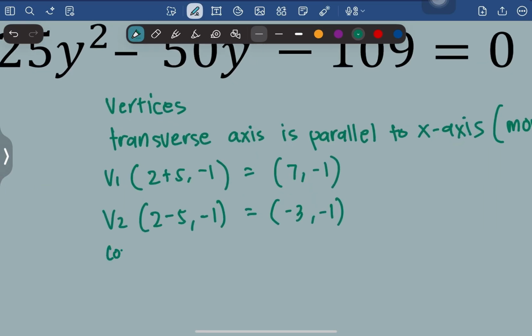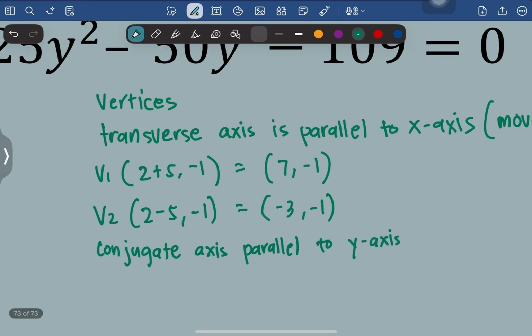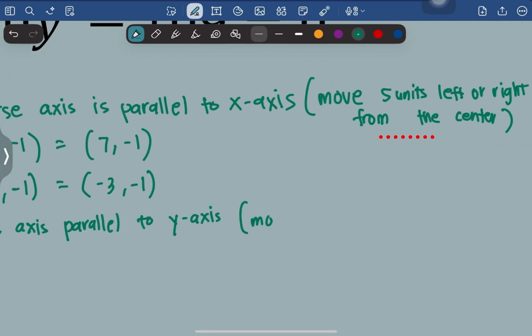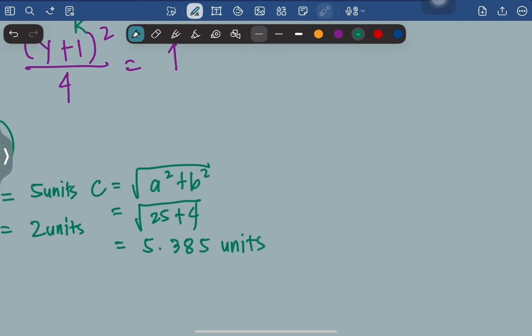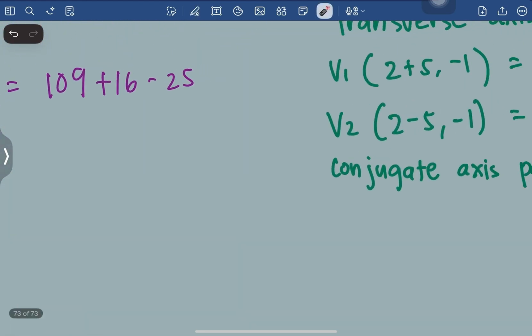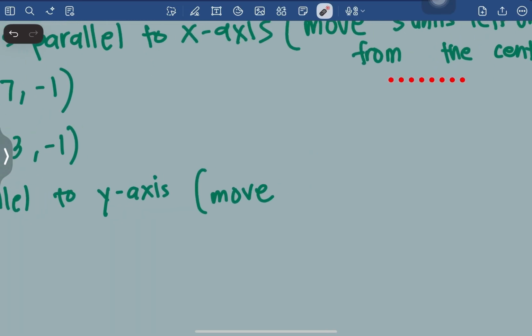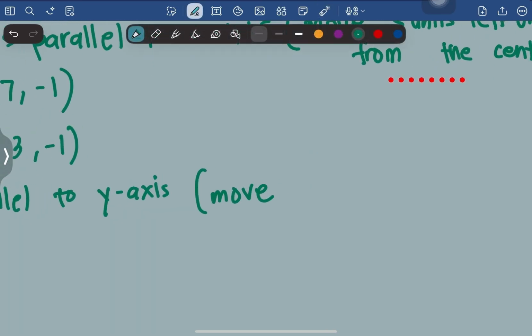Then for the conjugate axis, parallel to y-axis, you have to move, ano yung nakuha natin B? 2. You have to move 2 units up or down from the center.